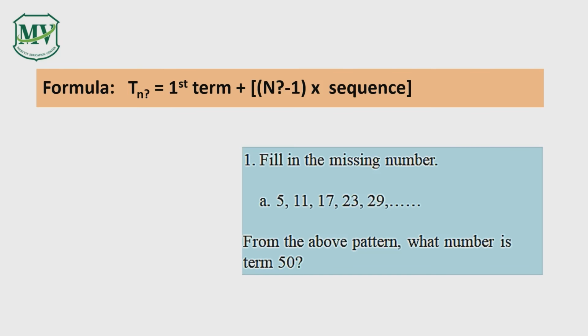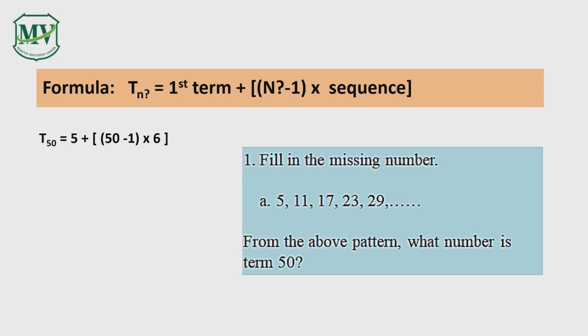Let's substitute. T50 equals 5, which is our first term, plus open bracket, open parenthesis, 50, which is the term that we are looking for, minus 1, close parenthesis, times 6, close bracket.